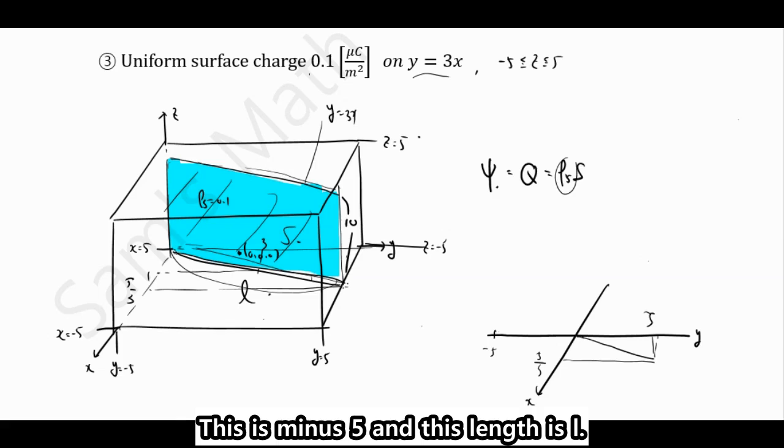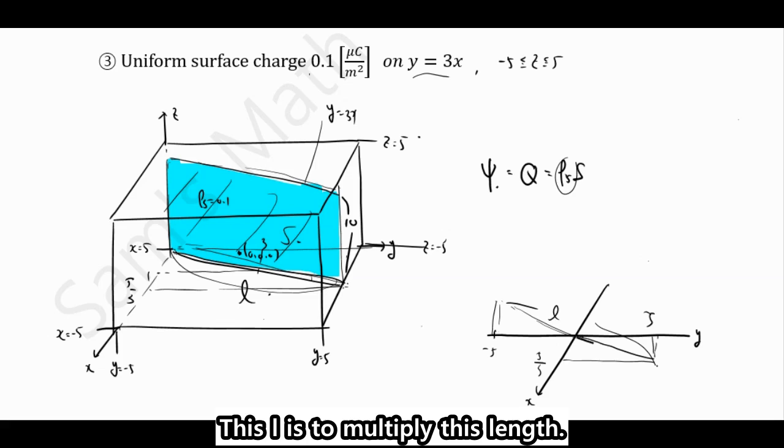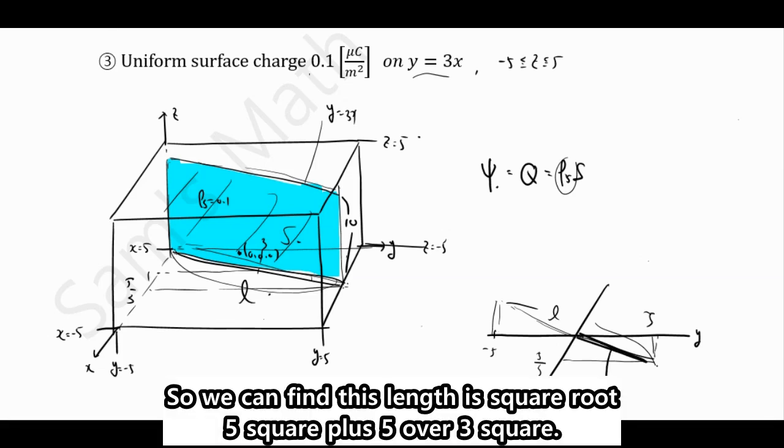This is minus 5. And this length is L. This L is 2 multiply this length. So we can find that this length is the square root of 5 squared plus 5 over 3 squared.